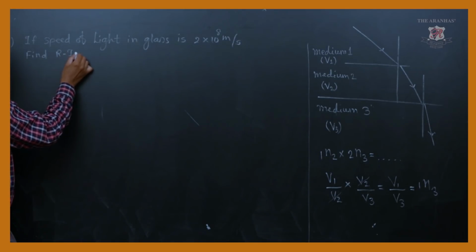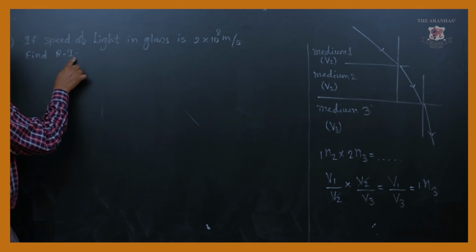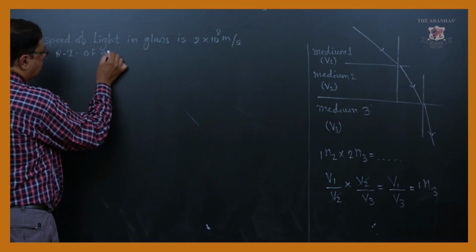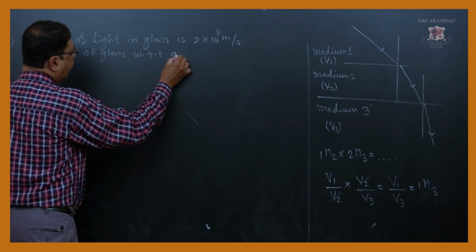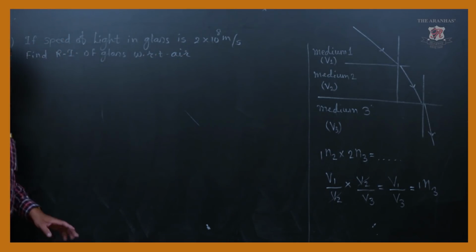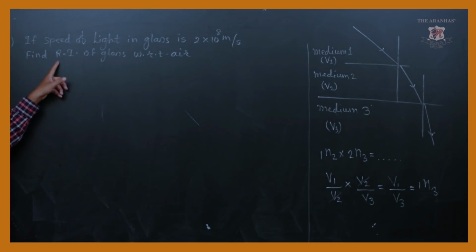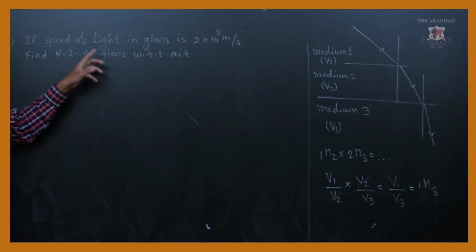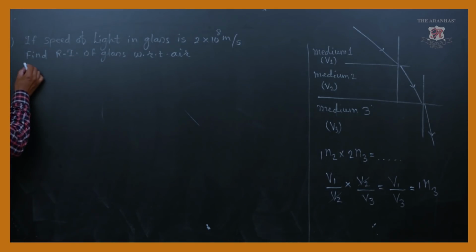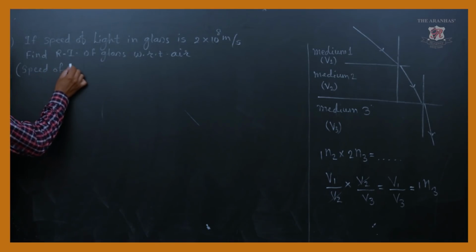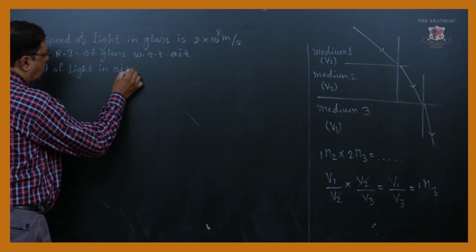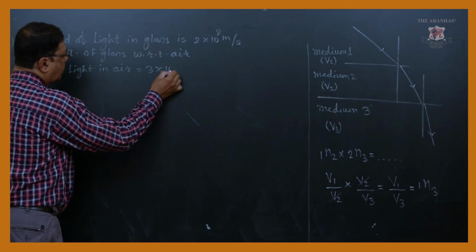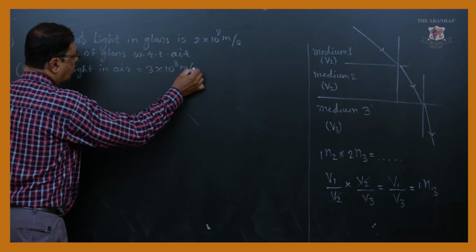I am using short form R for refractive, I for index, of glass with respect to air, or the wording may change. Find the absolute refractive index of glass, means with respect to air. What is given? Speed of light in air equal to 3 into 10 raised to 8 meter per second.